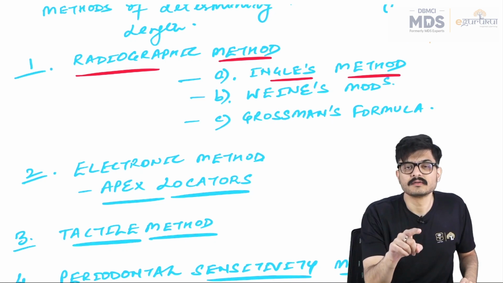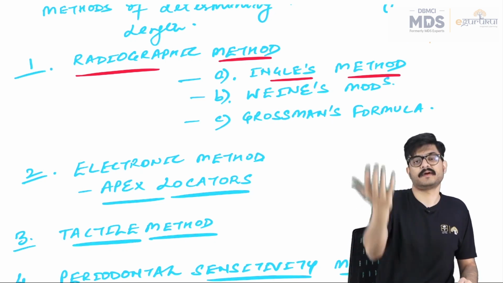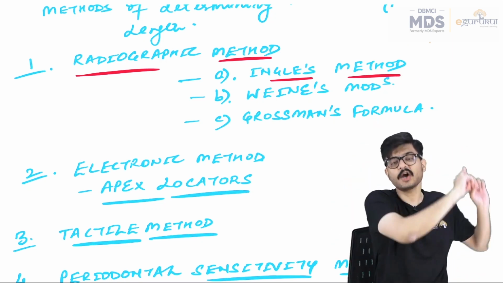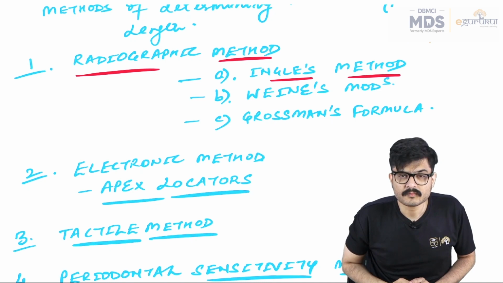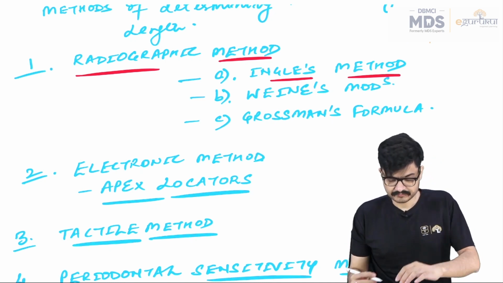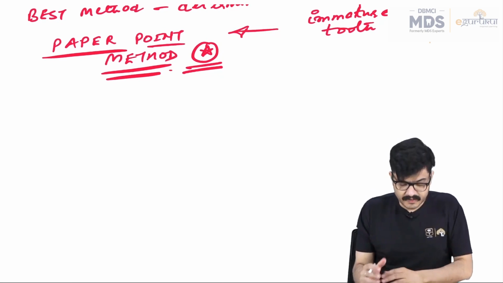If it is not, right? If the distance is more, or if the file is beyond the apex, that means your pre-op X-ray was distorted, right?